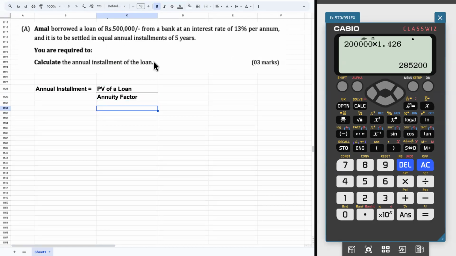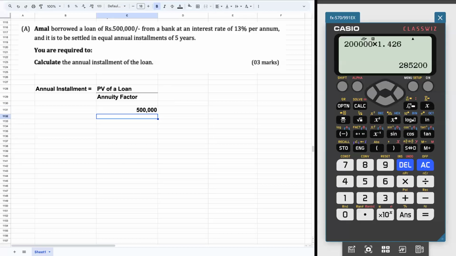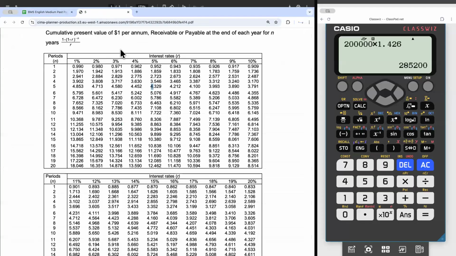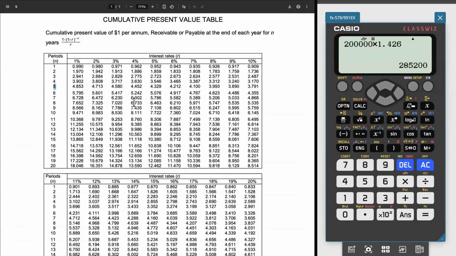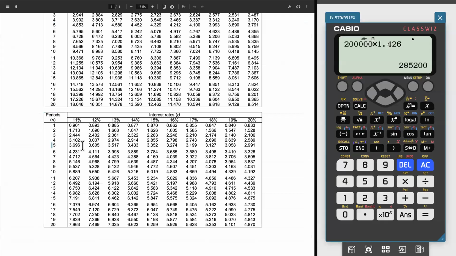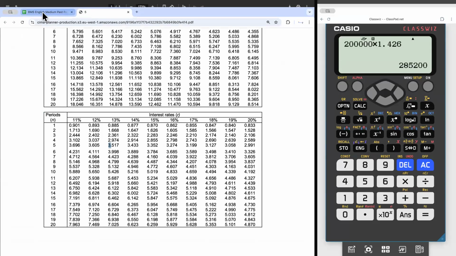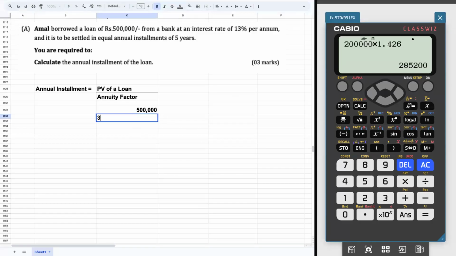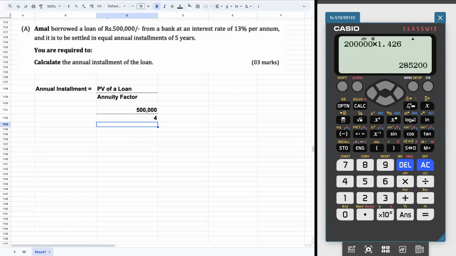Here, see, Amal borrowed a loan of rupees 500,000 from a bank at an interest rate of 13% per annum, and it should be settled in equal annual installments over 5 years. So we have to find 5 years, 13%. We have to use the second table. 5 years is here, 13% is here, 3.517. Right? So 3.517.